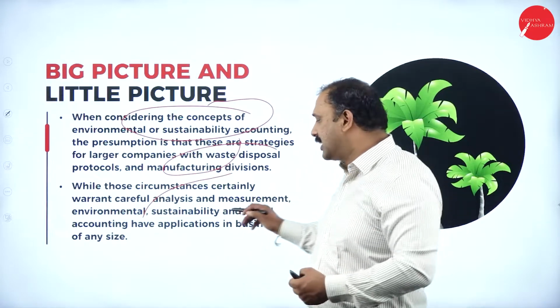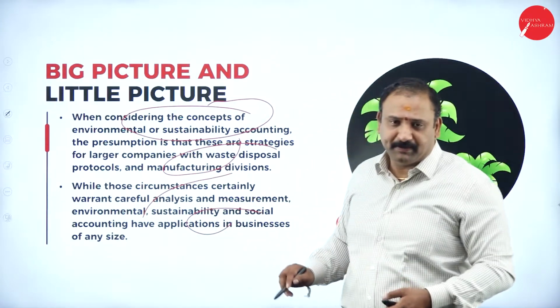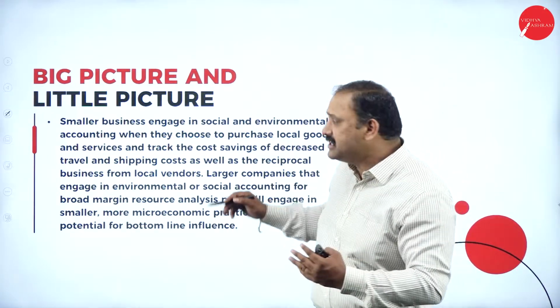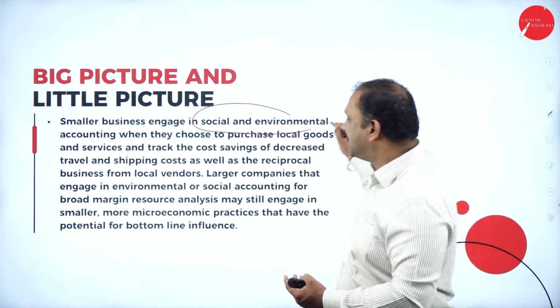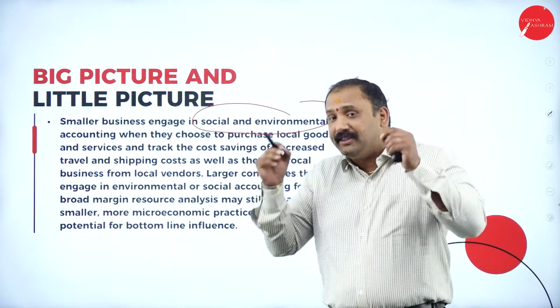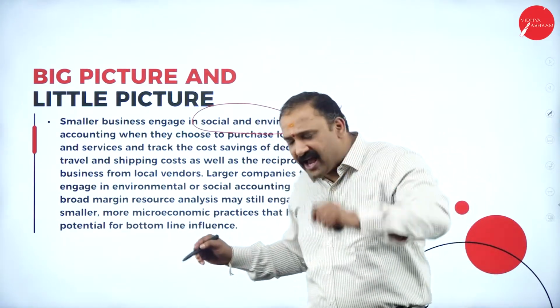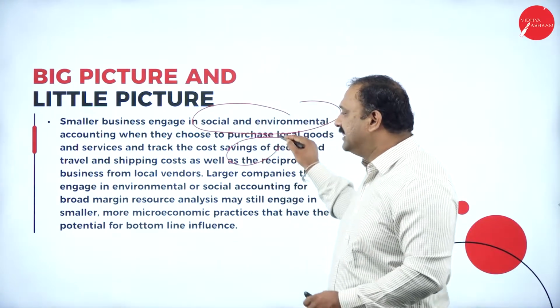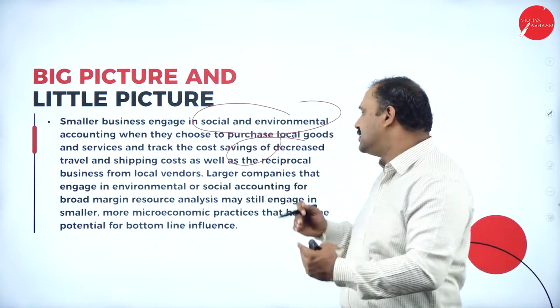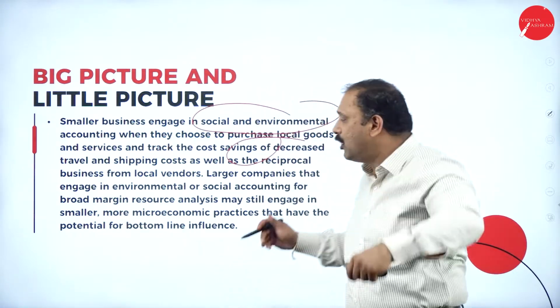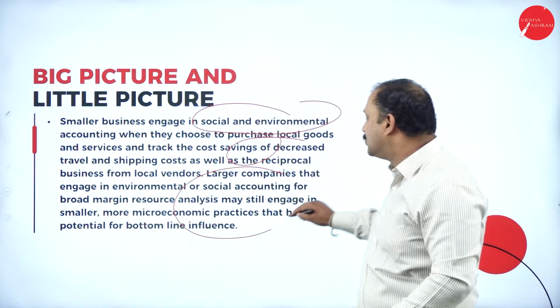Sustainability and social accounting have their implications on the business part, and smaller businesses will also engage in social and environmental accounting when they choose to purchase local goods and services and track their own savings from decreased traveling and shipping expenses, while the larger companies will try to involve themselves with the environmental and the social accounting.